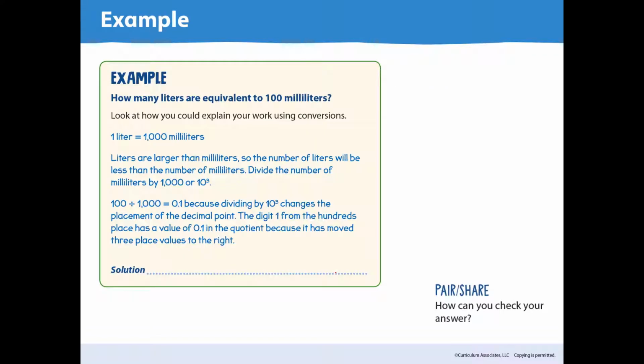Okay, the example at the top of page 525, how many liters are equivalent to 100 milliliters? Look at how you could explain your work using conversions. 1 liter equals 1,000 milliliters. Liters are larger than milliliters, so the number of liters will be less than the number of milliliters.